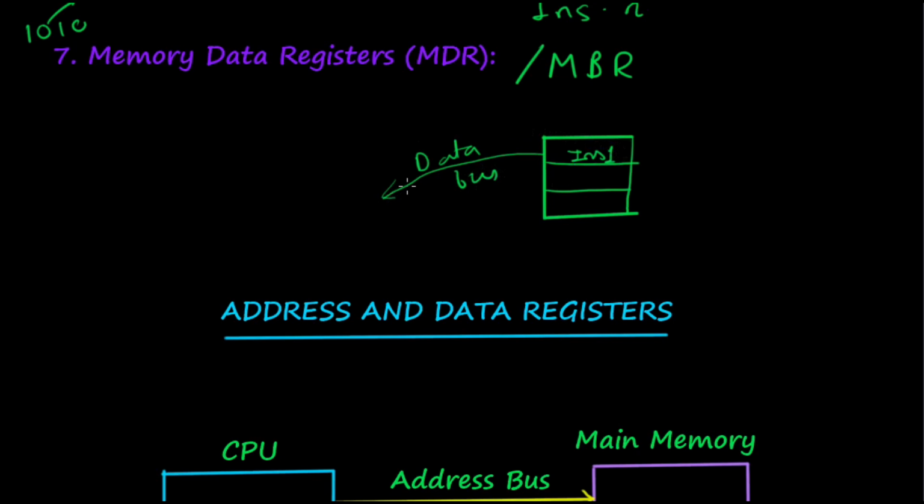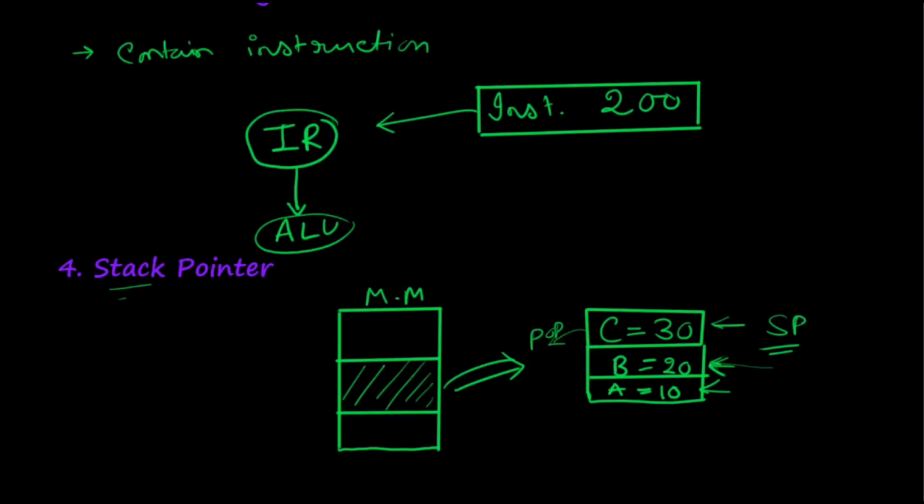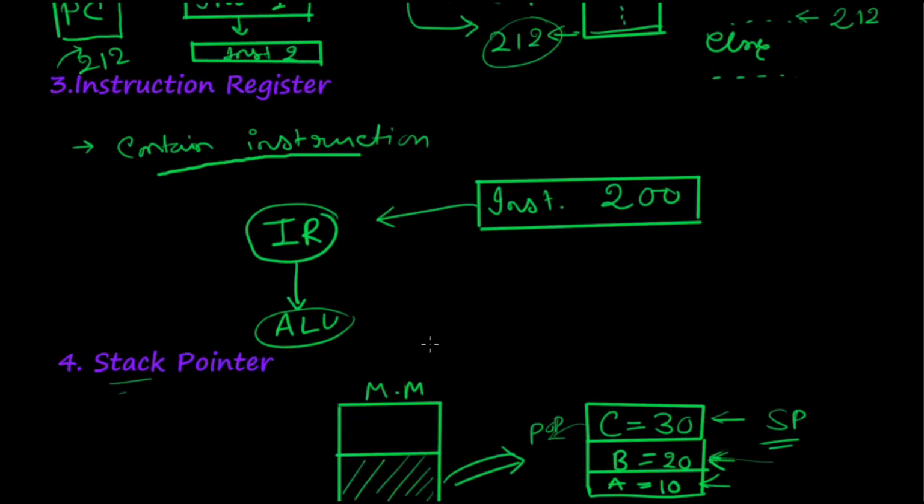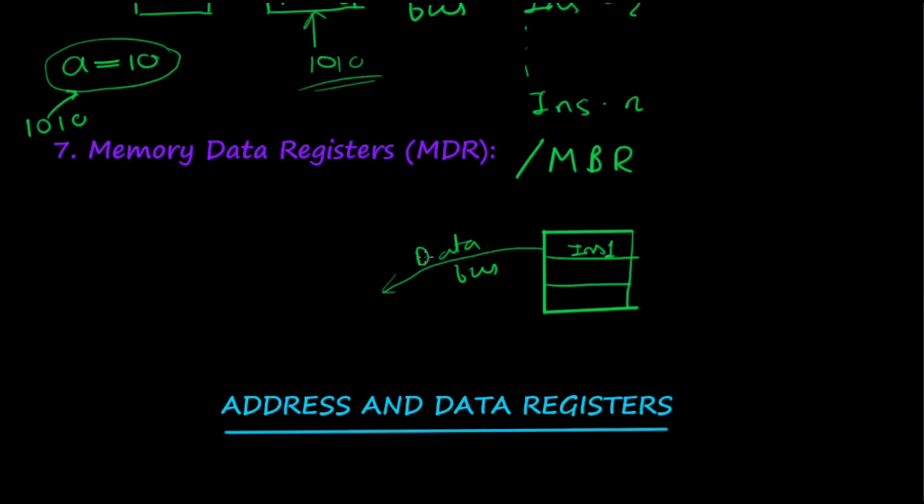Now inside the CPU, where will it go? This will not directly go to the instruction register. I was telling you some while ago that the instruction register contains the instruction, and that in between there are some other registers as well. So if we have an instruction or data, whatever, it will come to the MDR first.